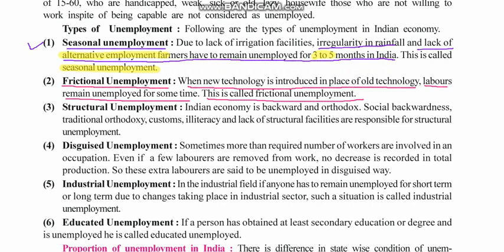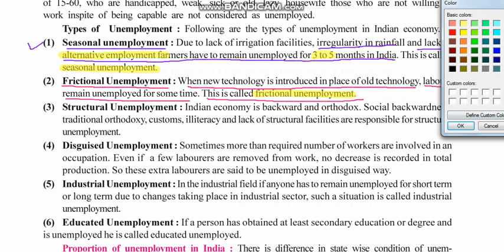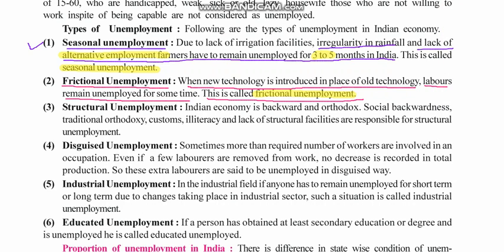When new technology is introduced, the laborers working in that field have to learn it. Until they learn that new technology, they don't have work, so they remain unemployed. That is the friction between the new technology and the old technology, and that's why it is termed frictional unemployment.